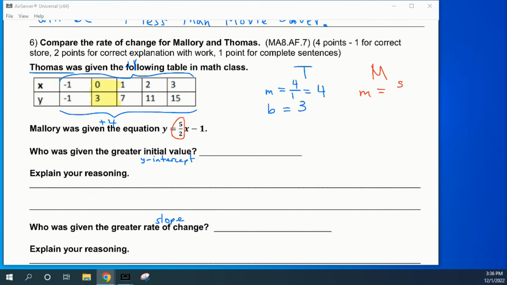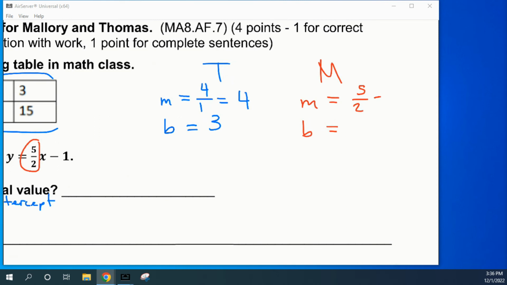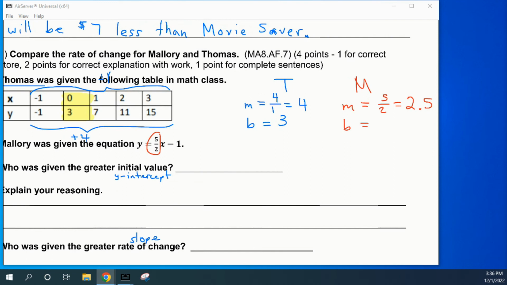So her slope is 5/2, which I'm actually going to simplify into something that's kind of a whole number to compare to Thomas's. 5 divided by 2 is going to be 2.5. Okay. And then her starting value is -1 because that's the y-intercept.